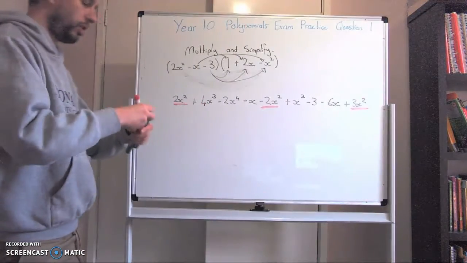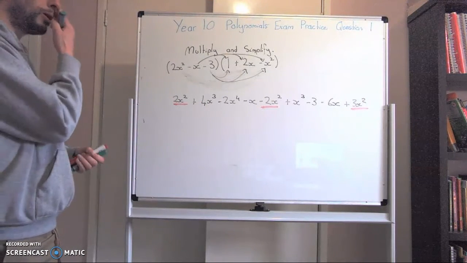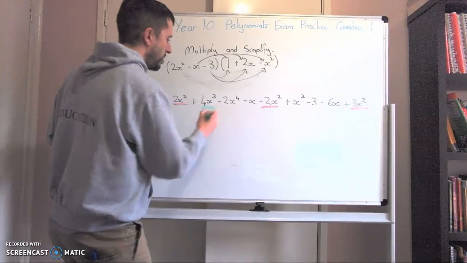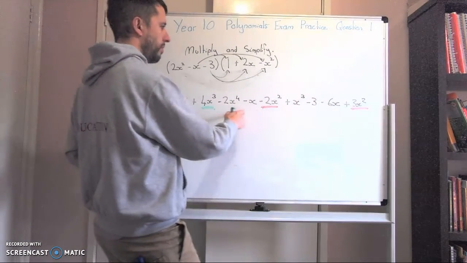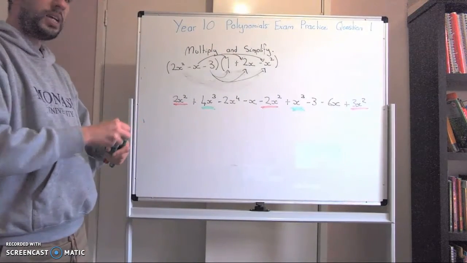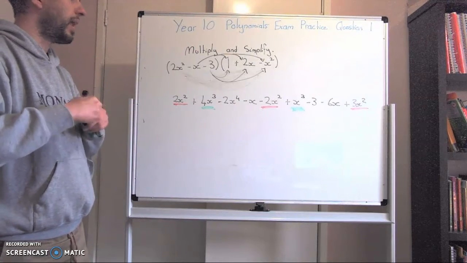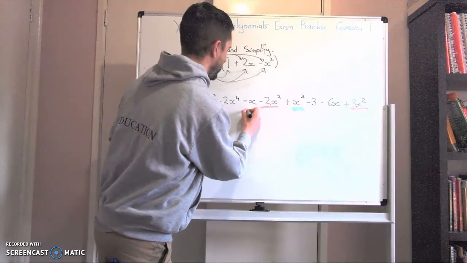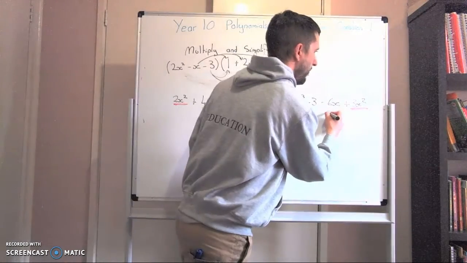They are like terms, because it does say we need to simplify it. Then I'm going to look at anything to do with my x to the power of 3, and I've underlined that in green. Next, I'm going to underline in black anything which is just x. So I've got negative x, and I've got negative 6x.